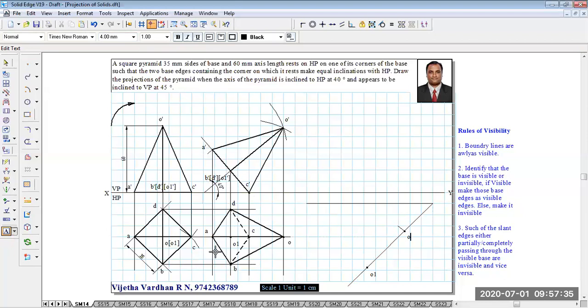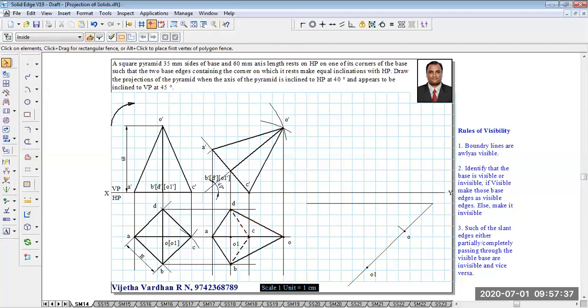Now, to get the remaining corners, that is D and B, let me show you how to get them using the arc technique. With O1, measure the distance of D1 using the compass. With O1, without changing the radius, draw a construction arc over here. In the same fashion, measure the same point D with the help of O using the compass.